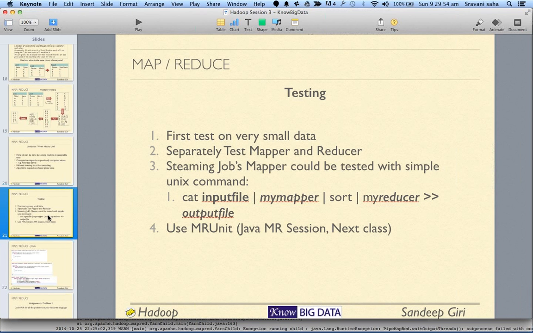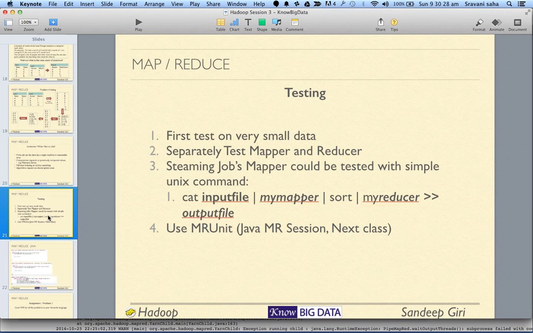Whenever you test on big data, the testing itself is going to take a couple of hours, and therefore you will spend a long time running your MapReduces instead of time for fixing your code. So always run on small data first and try to solve it then and there, and then run on the big data.